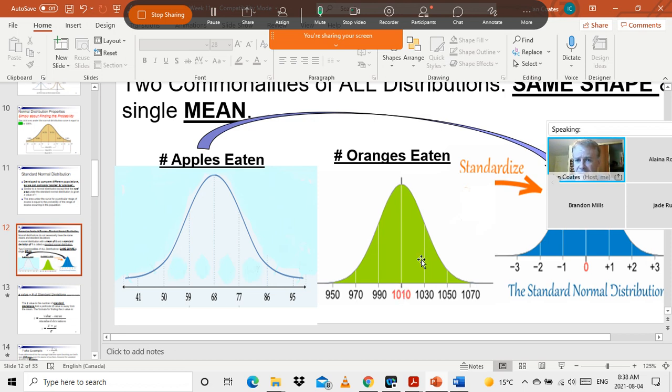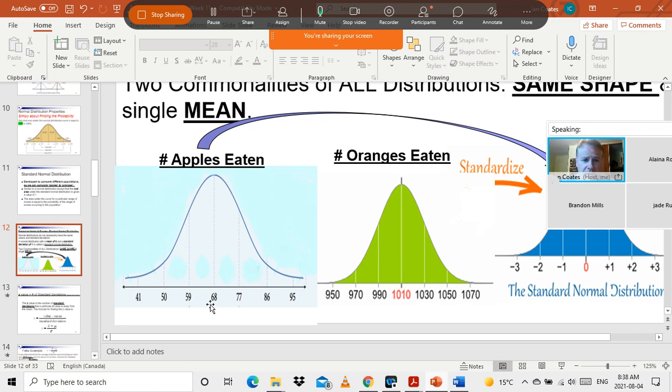And you'll see there we still have the standard deviation lines. All right, so standard deviation there would be 20, right? 1,030 minus 1,010 is 20. And then you see here another 20. So in this case here, our mean is 1,010 and our standard deviation is 20.